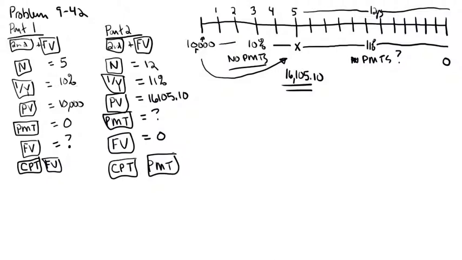So I push the compute button and then PMT, and I end up getting the payments of $2,480.62, and that's a negative, which means that I need to pay out $2,480.62 each year for the next 12 years in order to pay off the loan that I began 5 years before with no payments due.